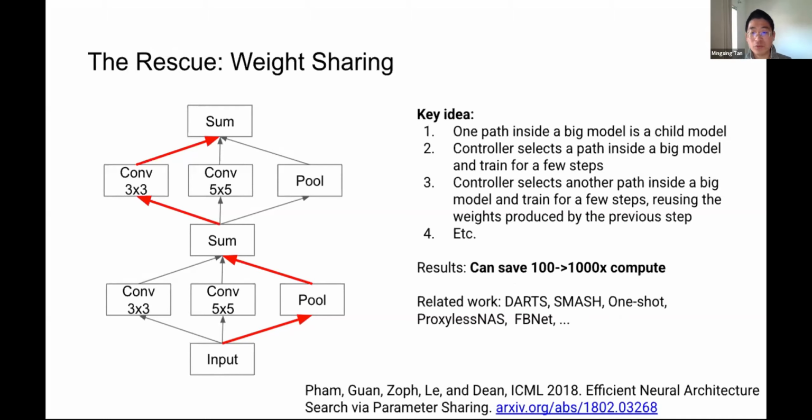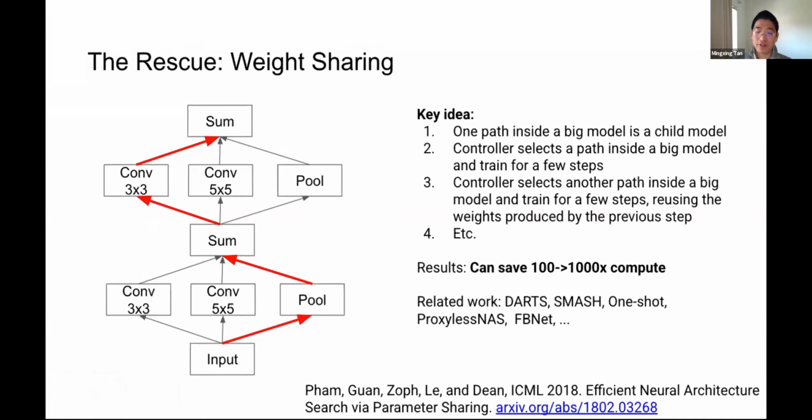However, this weight sharing is also not ideal. As you can see, because you reuse the weights trained in the previous candidate, there could be some bias. For example, if you train one path very often in the early stage, then those weights tend to be well trained. And if you sample a new path, and this new path is not well trained, it may perform worse than the originally heavily trained path.